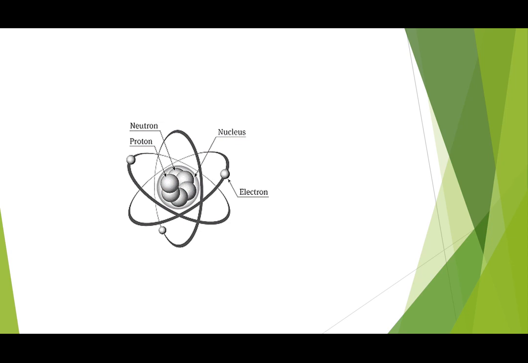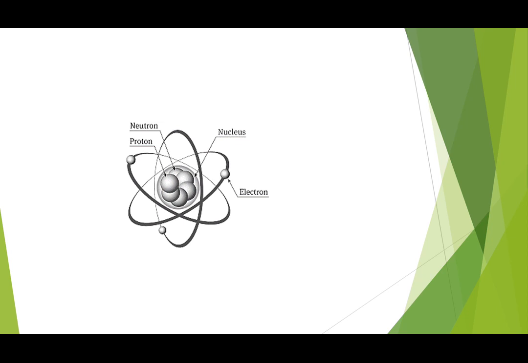The first point is related to the particles present in an atom. Which are the particles present in an atom? Protons, neutrons, and electrons. What is the second point? It's related to the position of the particles. We have to tell that the neutrons and protons are inside the nucleus.